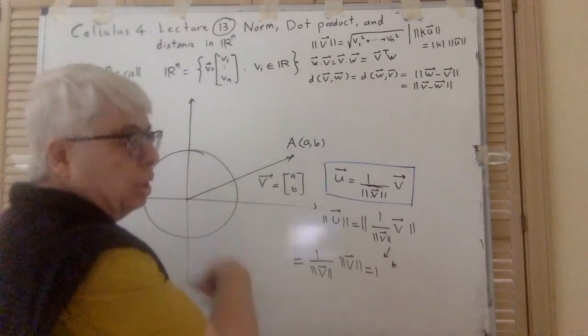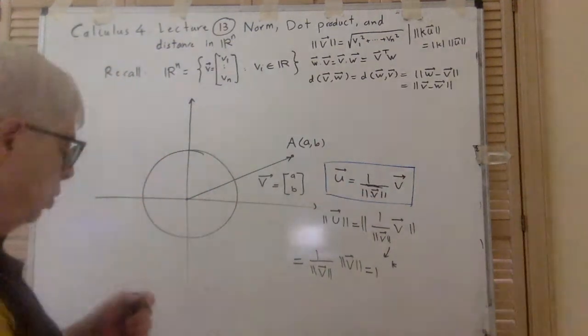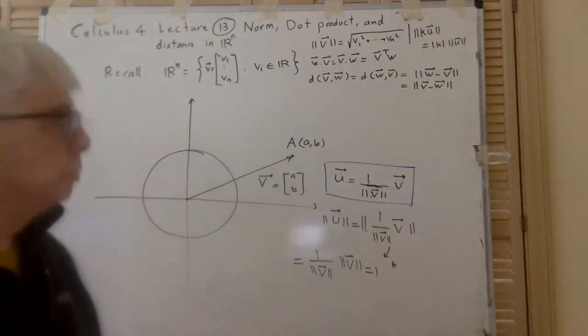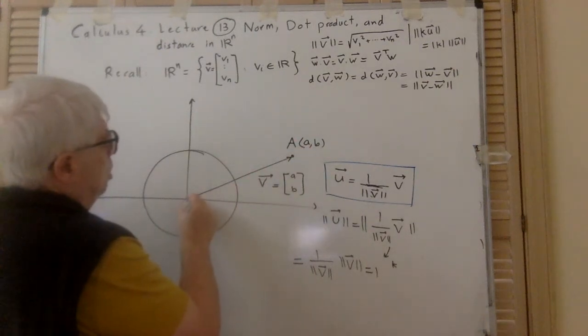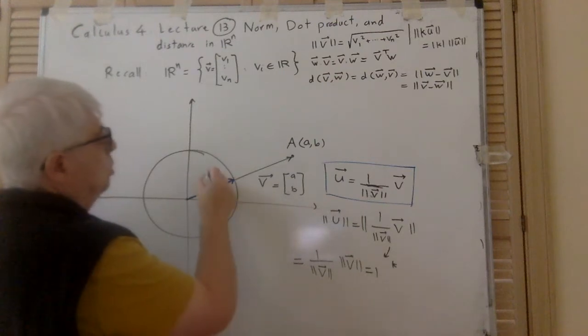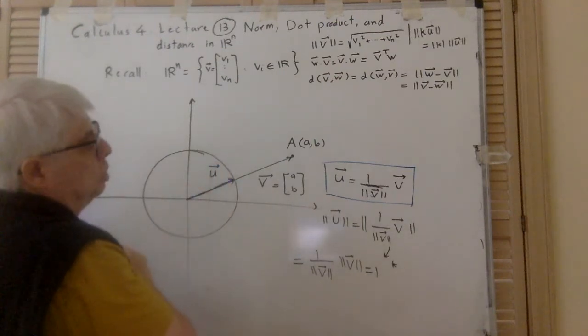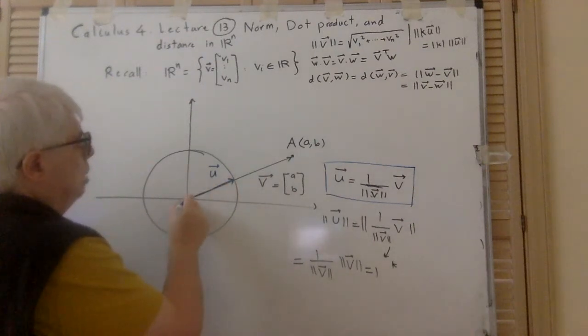So u is a unit vector in the direction of v. There's another one, if you put a minus here, so there are two vectors. Geometrically, when you use the positive one, this is u. This whole thing is v, this is u, and this is minus u.